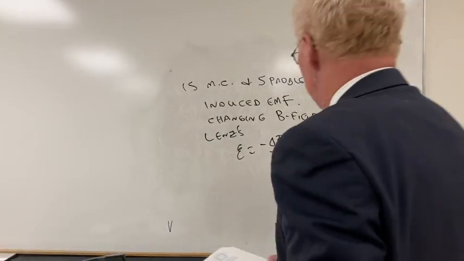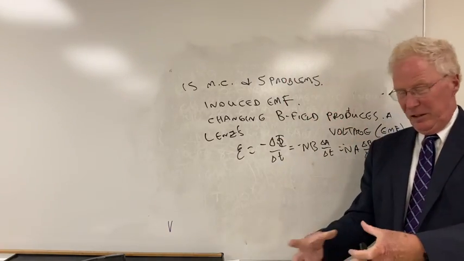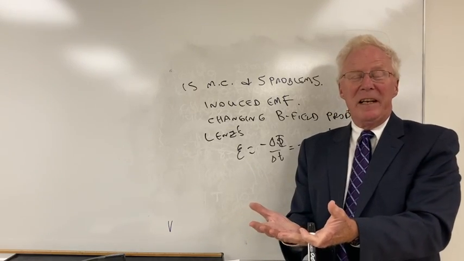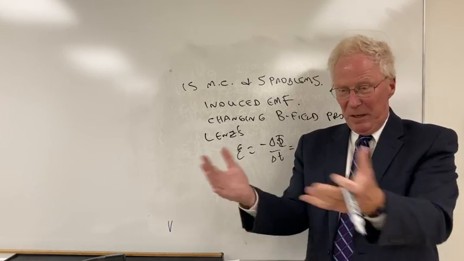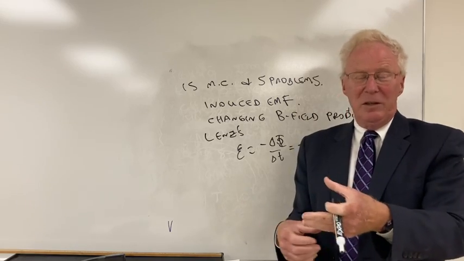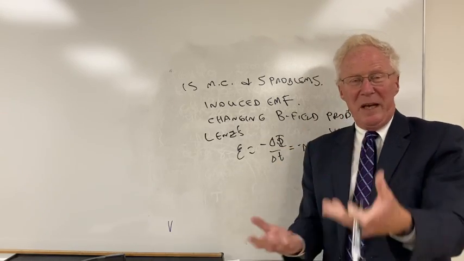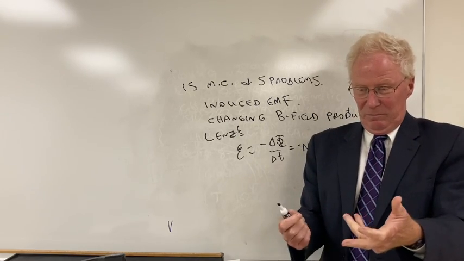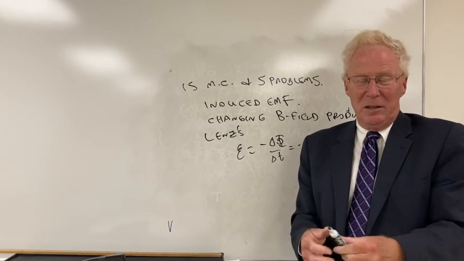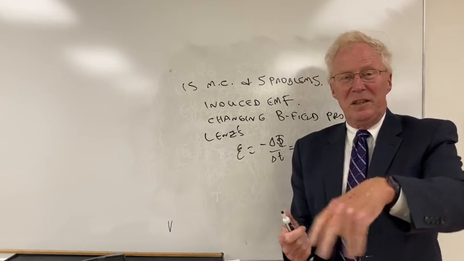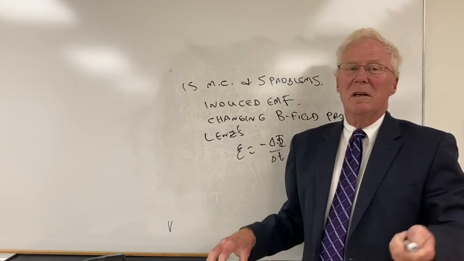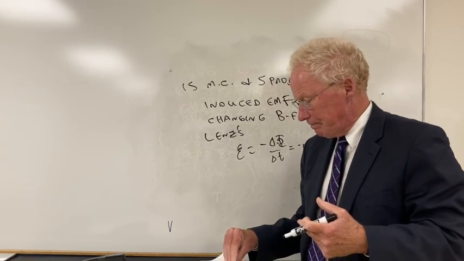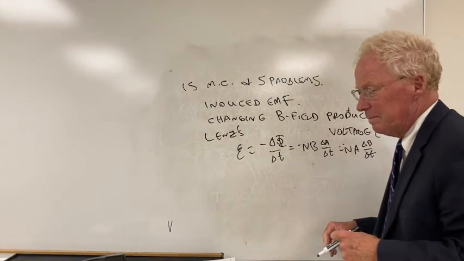You have a changing magnetic field in the coils and a pan that has metal, and the changing magnetic field creates a current in the pan, which, because the pan is not a perfect conductor, produces heat. So that's what we have there.